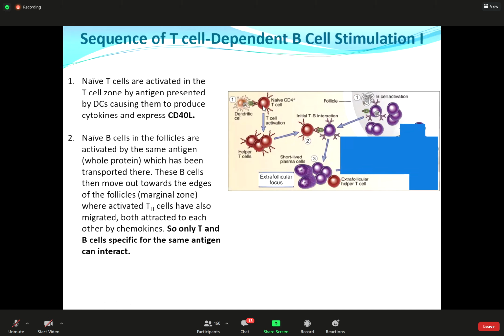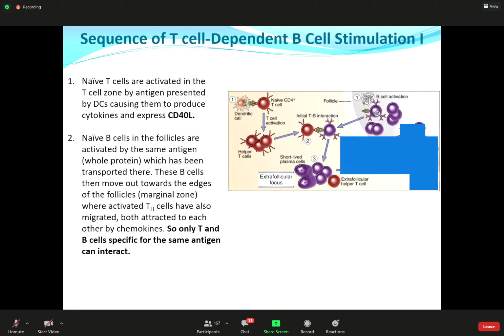And this activates the CD4 cell into the Th1, 2, or 17 phenotype. Meanwhile, the B cell within the same lymph node is seeing the same antigen, and let's say it's a protein or a bacterial cell, but it might be recognizing a different epitope on that antigen, right?